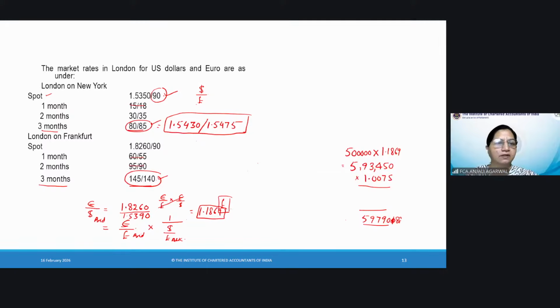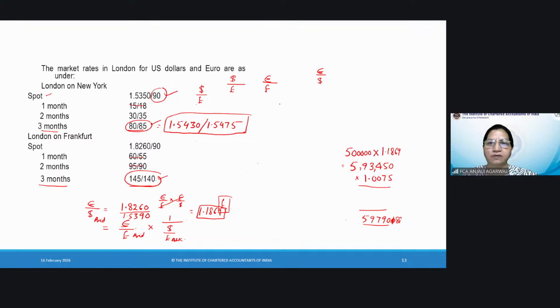All right. So London on New York, current rate is, we need euro by pound, which is given, and we have dollar by pound, which is given. From this, we need euro by dollar or dollar by euro.